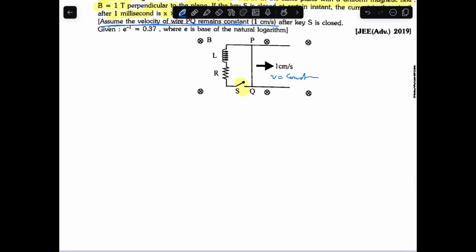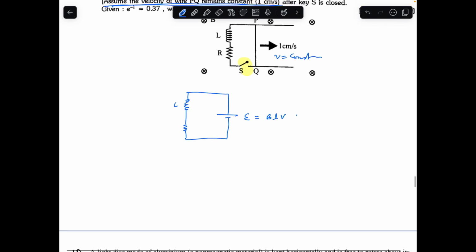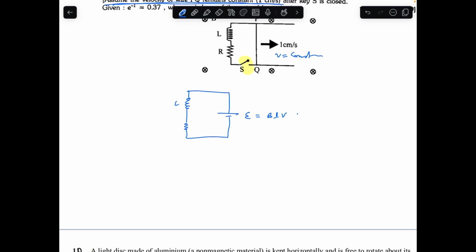So if velocity is constant, I can consider this as LR circuit, L, R with a constant EMF, E. What is E? Equal to BLV. So can I use growth of current?